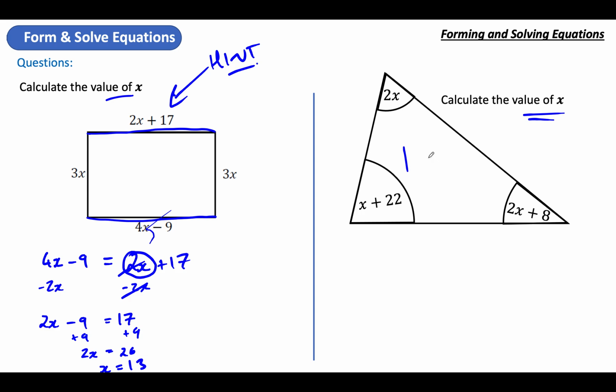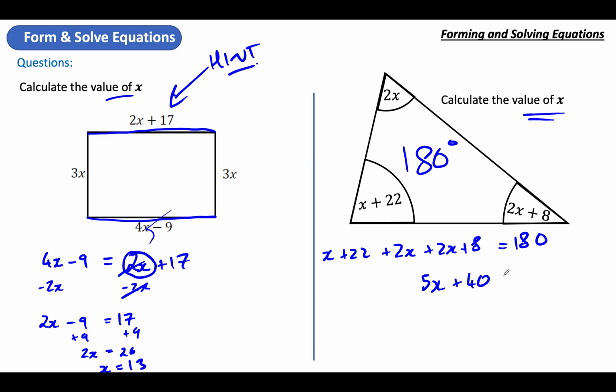This one's slightly more common in that the angles in a triangle add up to 180. So you can form an equation by adding together all the angles and making it equal 180. x plus 2x plus 2x is 5x. 22 plus 18 is 40.